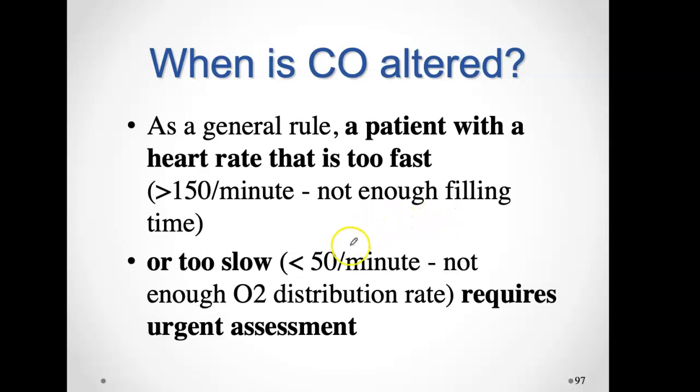Or if it were very, very slow, then it would have enough time to fill, but you need to be distributing oxygen and you're behind on that distribution of oxygen, which is quite dangerous. That's why it says needing urgent assessment here. So this is all about cardiac output being too high or too low.